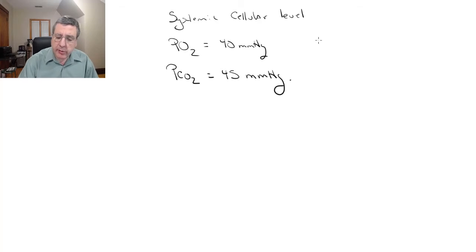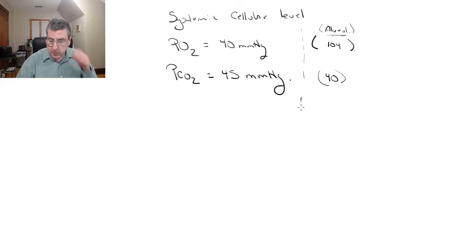So let me put this in parentheses here. The partial pressure in the alveoli: the alveolus was 104 for oxygen, and for CO2 this was 40. So this is the alveolus, just so you can have a comparison.